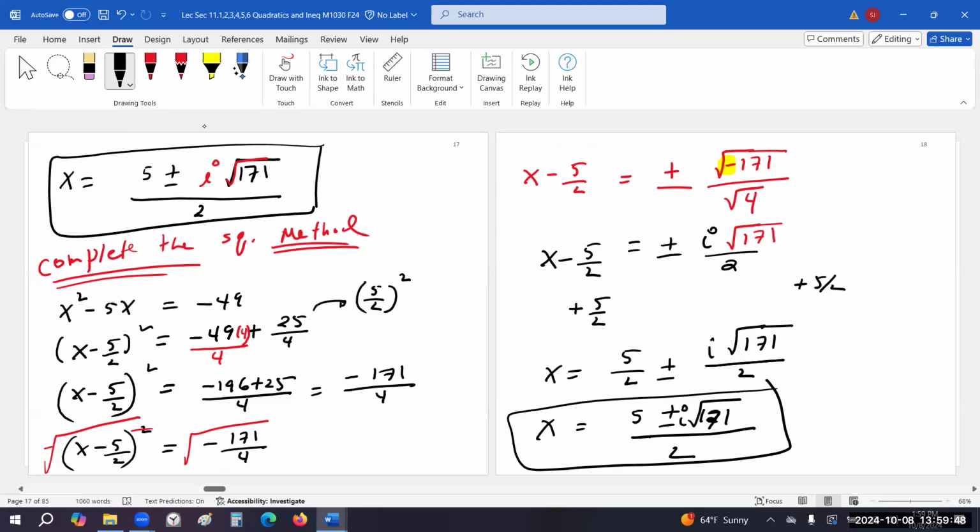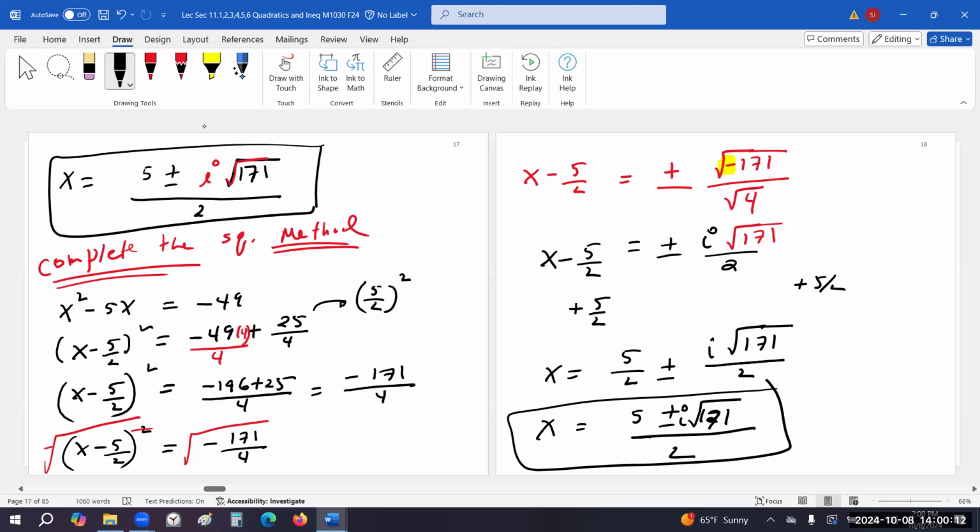So now we know how to solve for x using the factoring method. All we need is a quadratic polynomial that is factorable. If it's not factorable, we have two choices: complete the square or use the quadratic formula. The quadratic formula has a downside. It doesn't work well with big numbers because you get stuck in the middle.